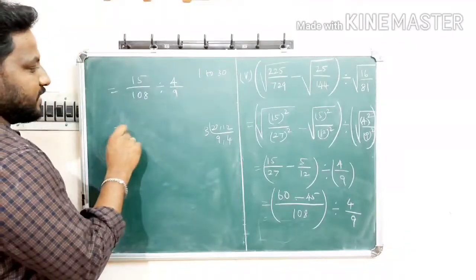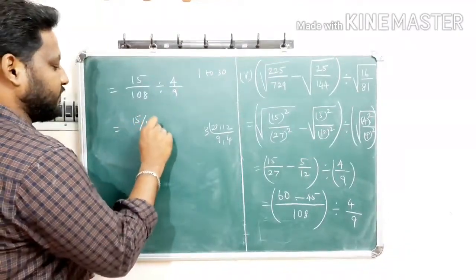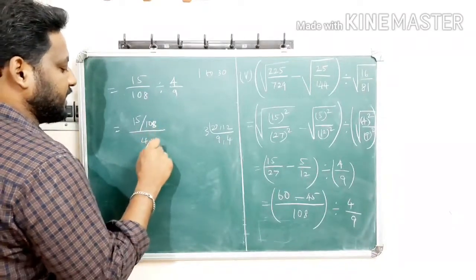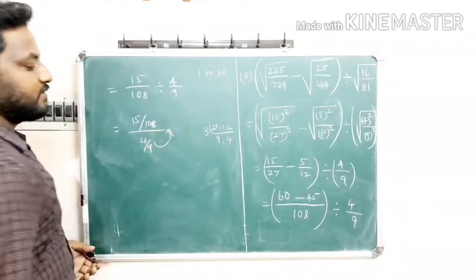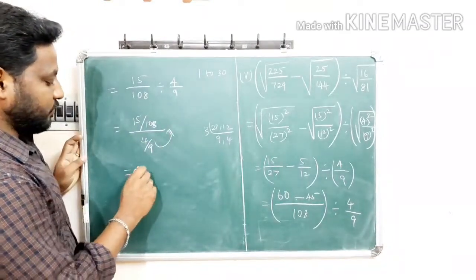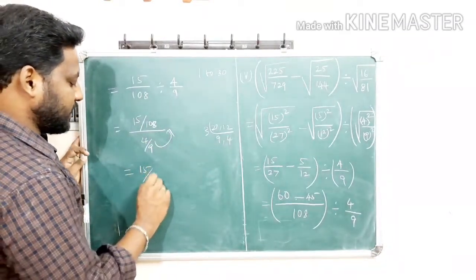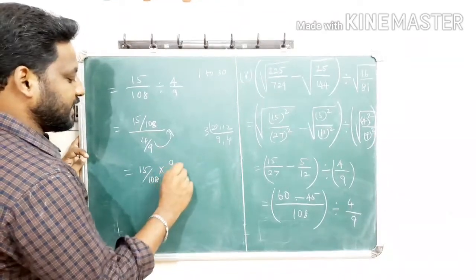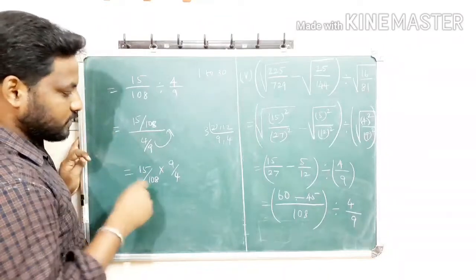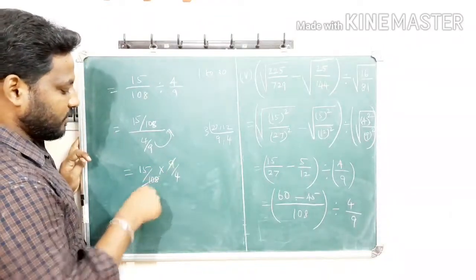So this is nothing but 15 divided by 108 divided by 4 divided by 9. This 4 divided by 9 will change into the reciprocal form, that is 9 by 4. So 15 divided by 108 into 9 divided by 4. Clear? So now 1 9s are 9, 12 9s are 108, 1 9s are 9.